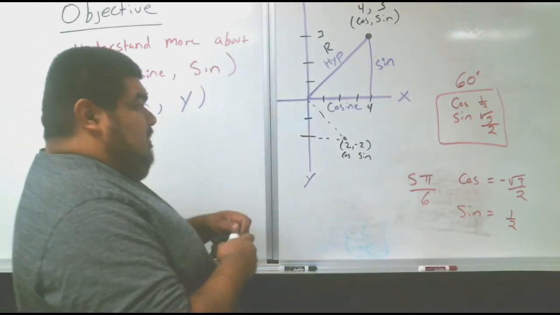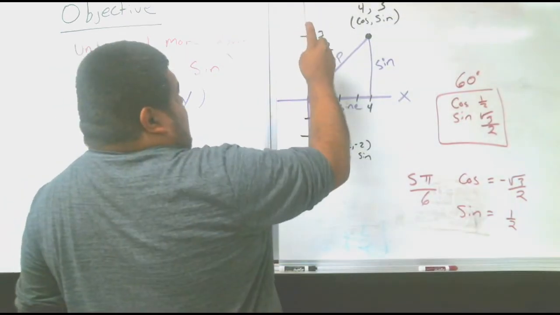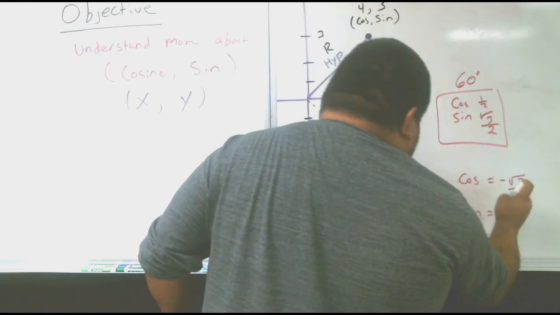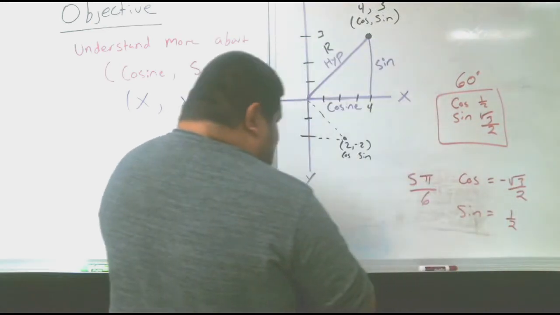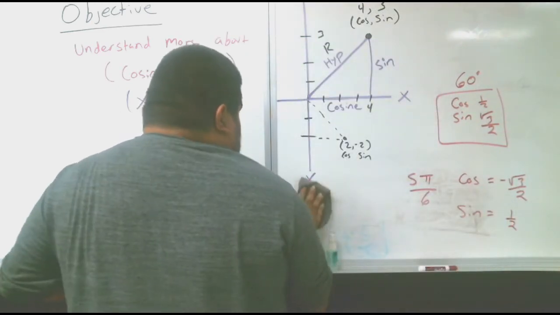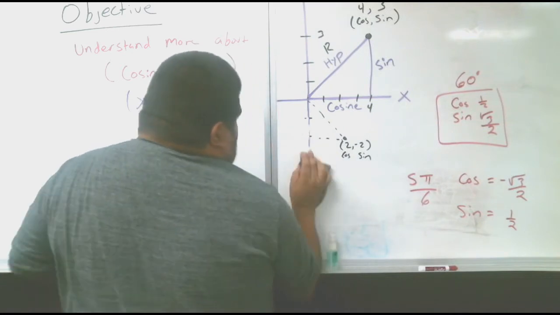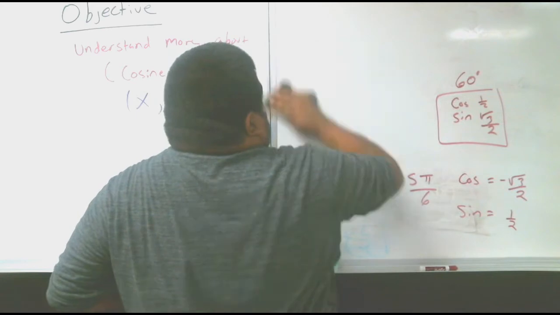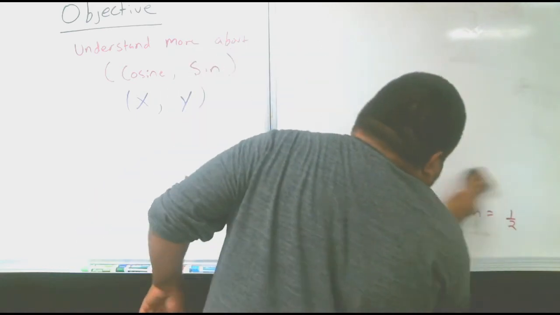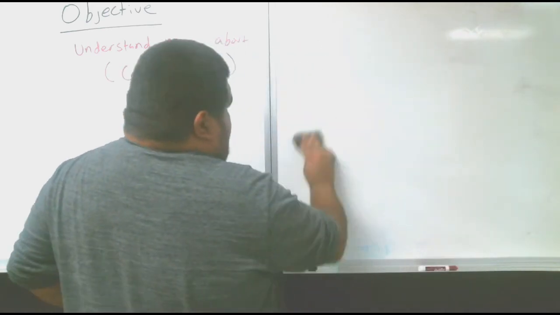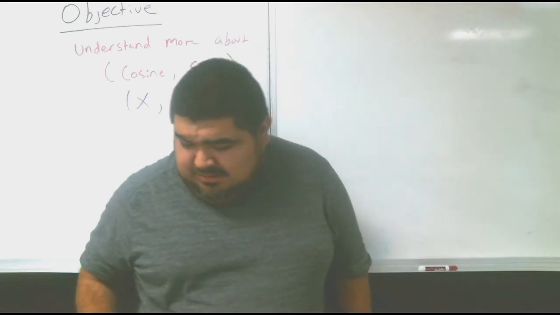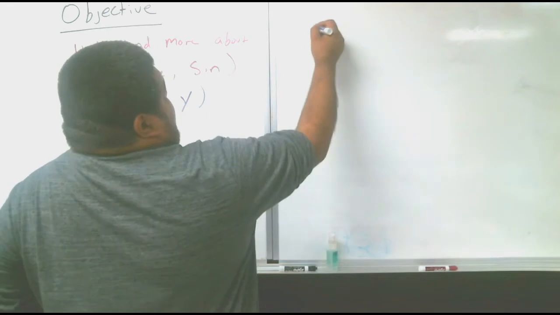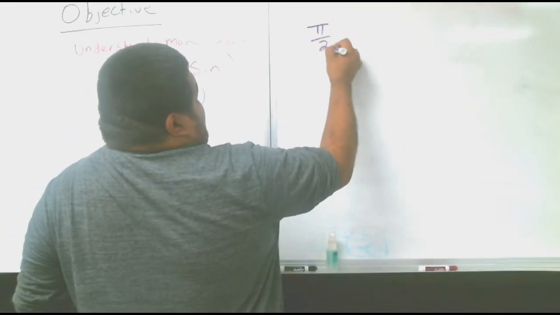So here's your assignment for today. Very, very simple. All I want you guys to do is locate the following. Give me sine and cosine for, well, let me erase this really quick. Give me sine and cosine for pi over 2, that's your first one.